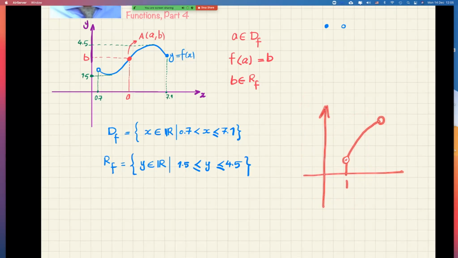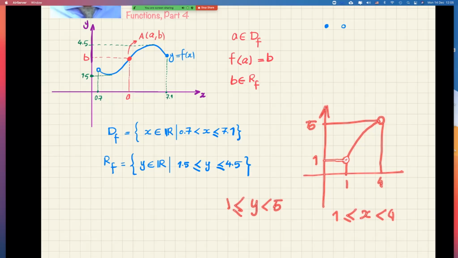Assume that this is 1 and this is 4. So if I ask you what is the domain, you would say the domain is x, including 1, excluding 4. And if I ask you what is the range, you go here. For example, assume that this is 1, this is, for example, 5. So the range would be y between 1 and 5, but 1 is included, 5 is excluded.